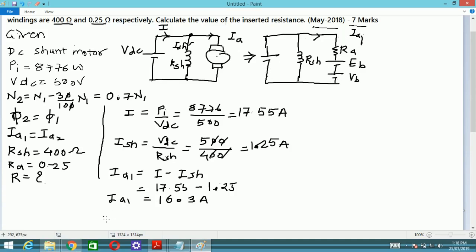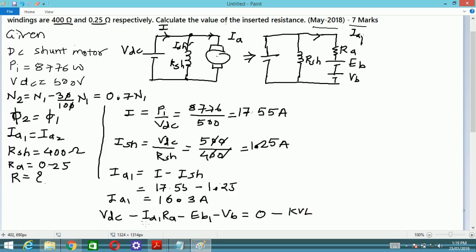So the equation comes to be VDC, that is the voltage, minus the drop in potential IA1 multiplied by the armature resistance, minus the EB voltage, minus the voltage due to the V brushes, is equal to 0. As I am considering IA1, I will consider the back EMF as EB1. The voltage across the brushes is not mentioned in the numerical, so you have to neglect that part and write it as 0. This equation is Kirchhoff's voltage law, applied to the equivalent circuit of the DC motor.